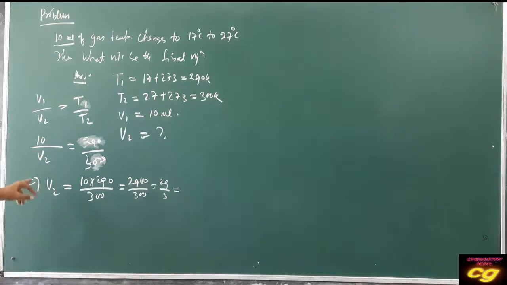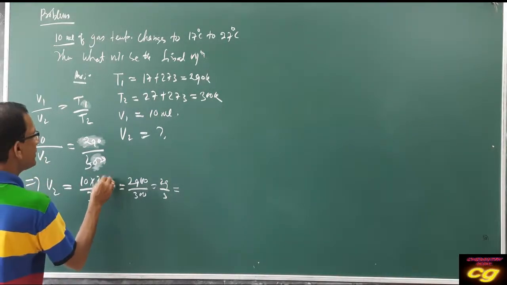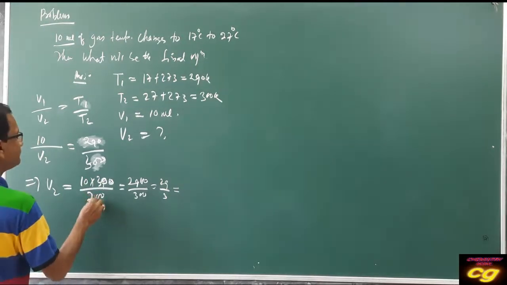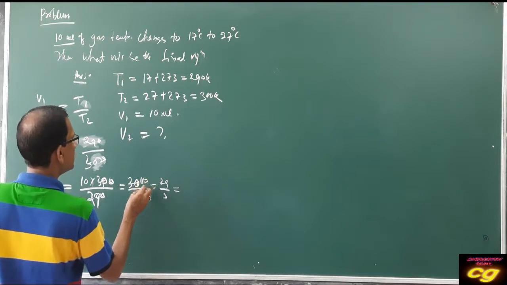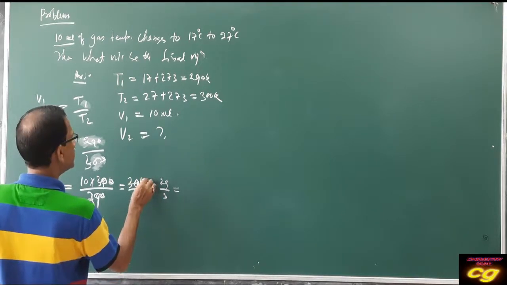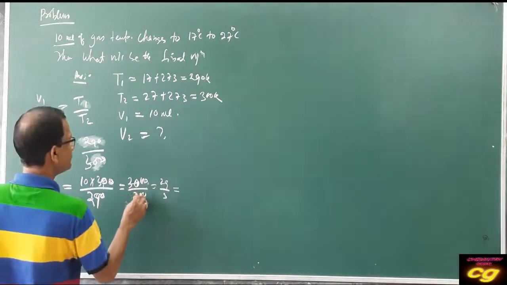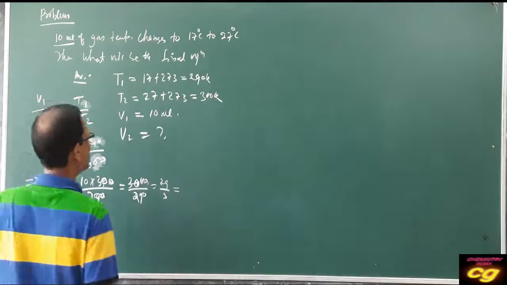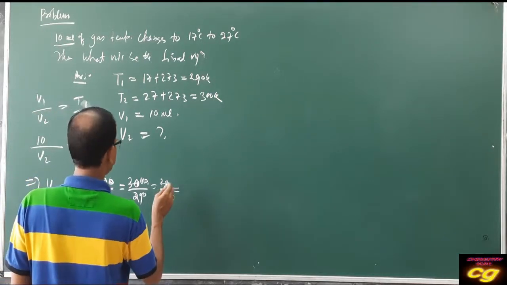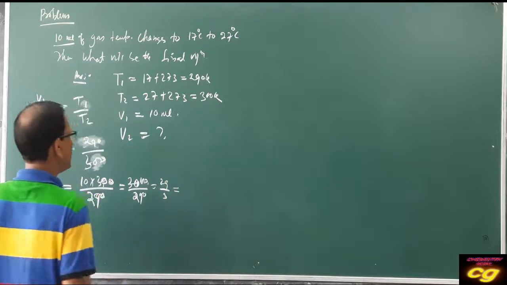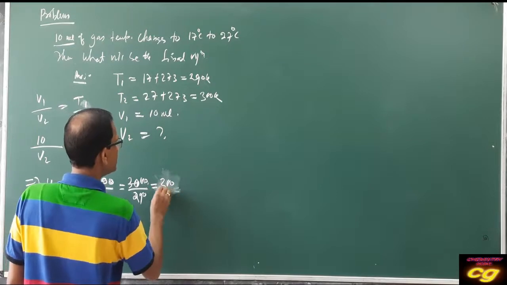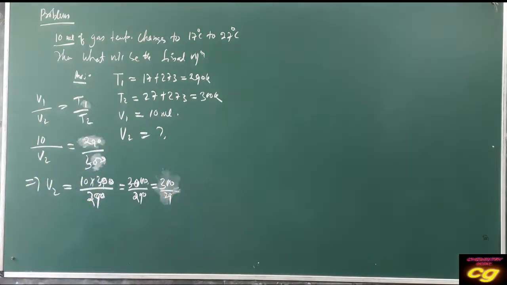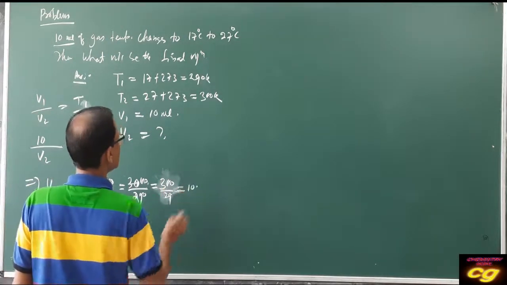Okay. So V2 will be 300 into 10 by 290. That will be 3,000 by 290. That means 300 by 29. The result will be approximately 10 point something.